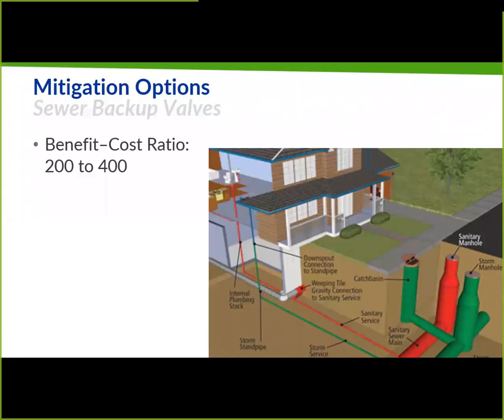So that's probably another reason that these numbers are quite high. Now, this sort of improvement is pretty easy to implement, provided you've got property owners that are keen to do so. That's a good thing in terms of risk mitigation, but again, you've got to have buy-in from private property owners.